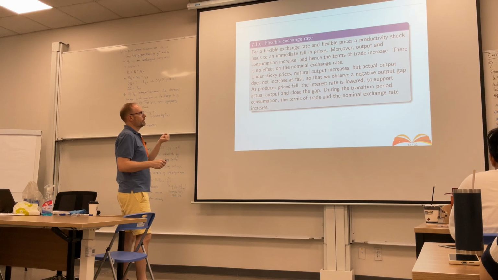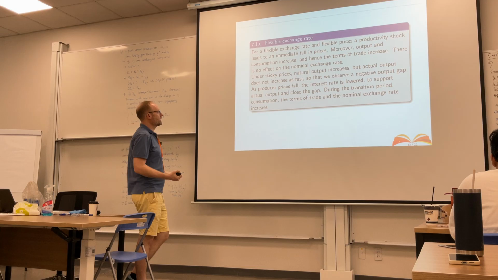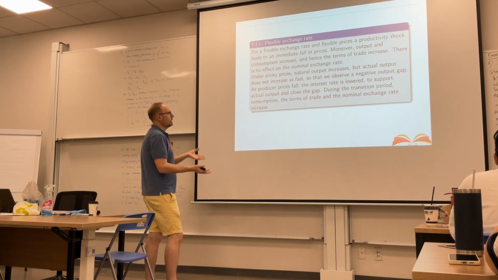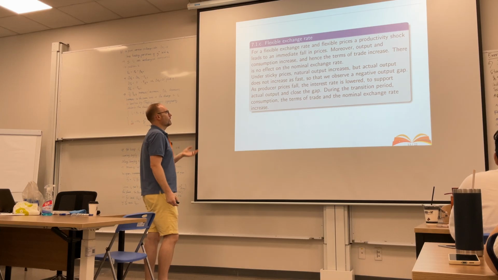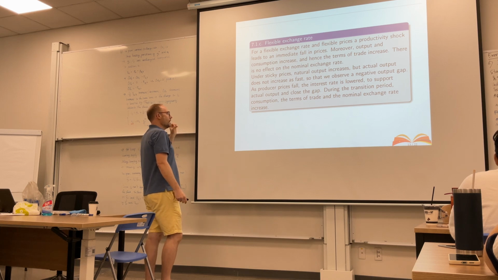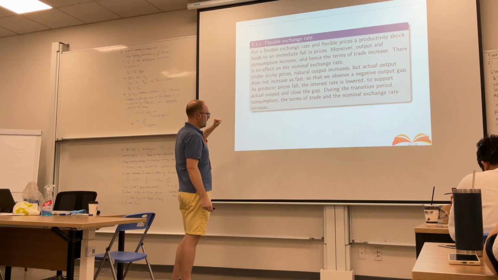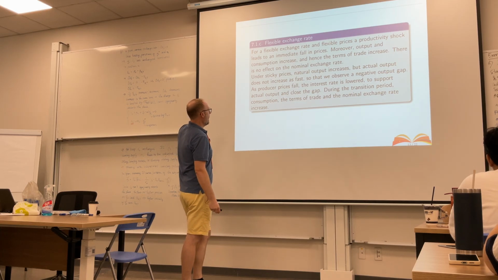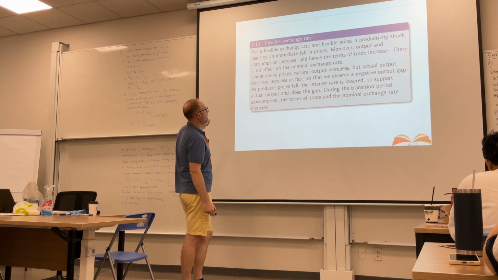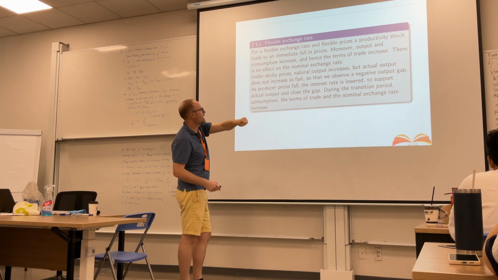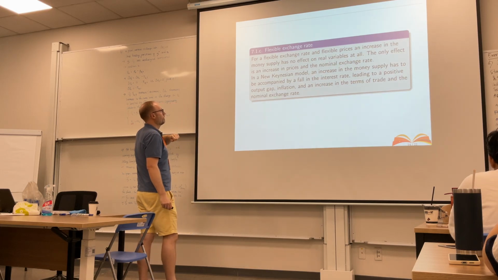So we have the output gap going down, prices going down, so the interest rate is going to be lowered. It's going to make the output gap not be as large as it otherwise would. We're going to have, instead of an instant adjustment, an output gap that's negative and then slowly closes. So output is going to go up, but not by as much, and then slowly catch up to the natural output.